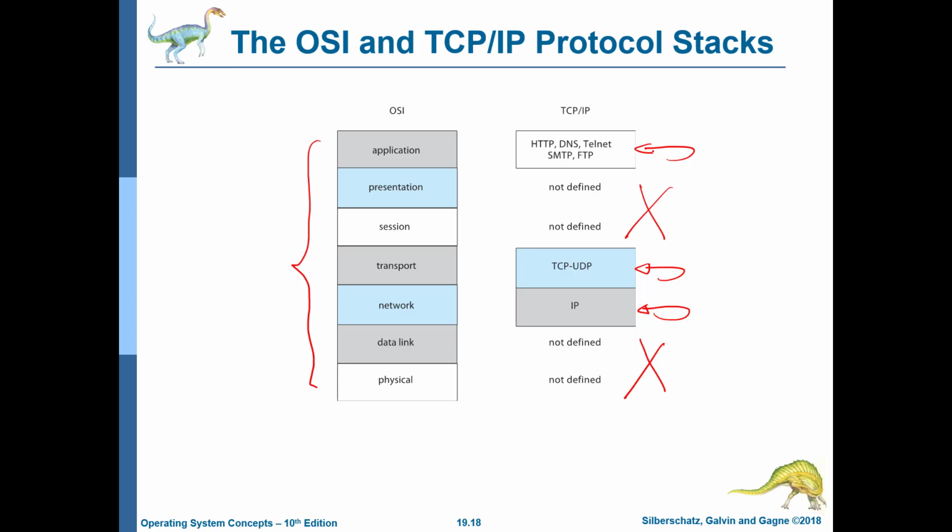And of course, protocols at the application level, the most popular being HTTP, which is the protocol to retrieve and access web pages. But of course, DNS is also in there. We have discussed DNS. SMTP, which is for sending mail, FTP, which is for retrieving files, and so on.